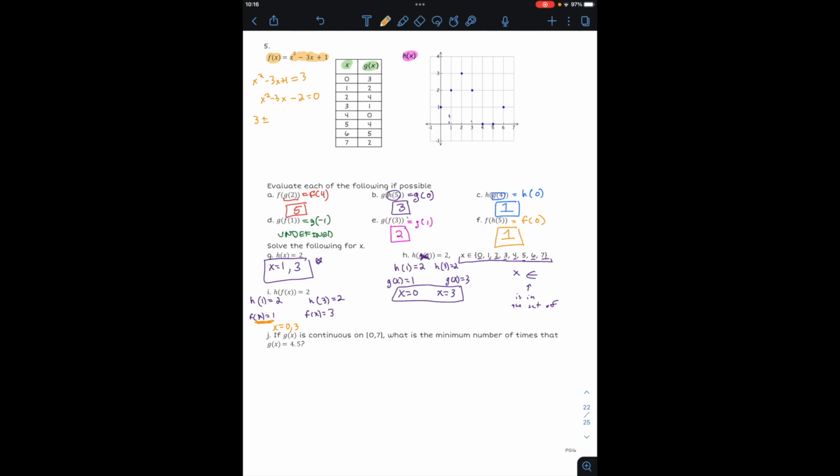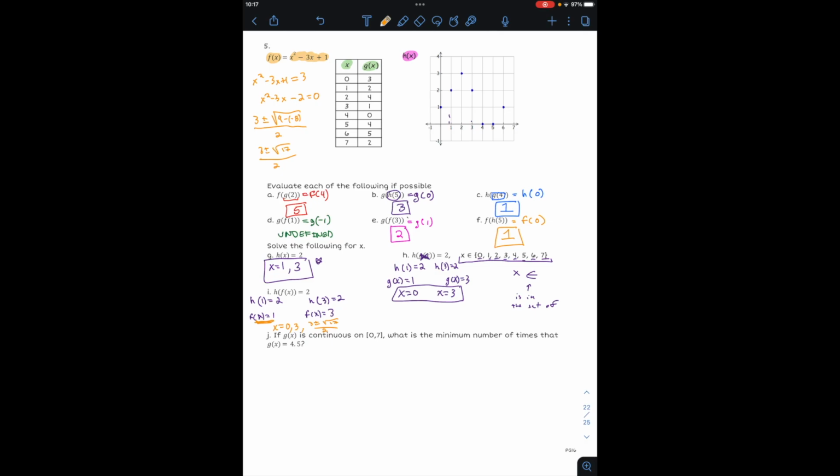We'll do negative b, 3 plus or minus square root, b squared is 9, minus 4 times a times c, which is negative 8, all over 2a. So we're going to get 3 plus or minus square root of 17 all over 2. Okay. Yeah, so that's like fine, I guess. So we'll put it here. 3 plus or minus square root 17 all over 2. But you see how the quadratic formula just creeps up a lot? Like, it's good to have a method of solving that.